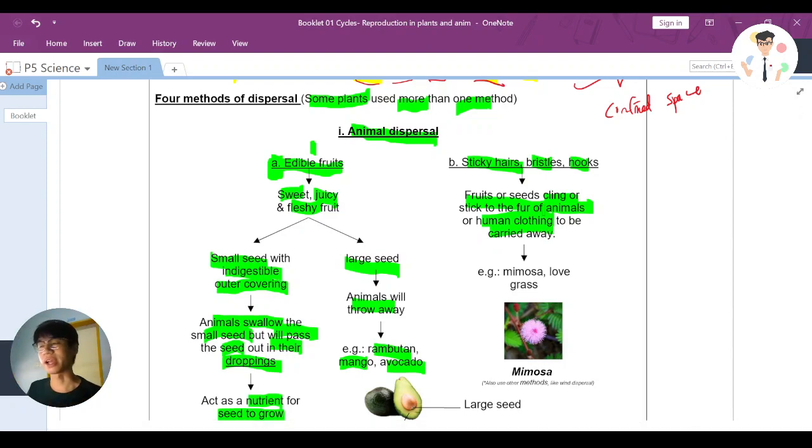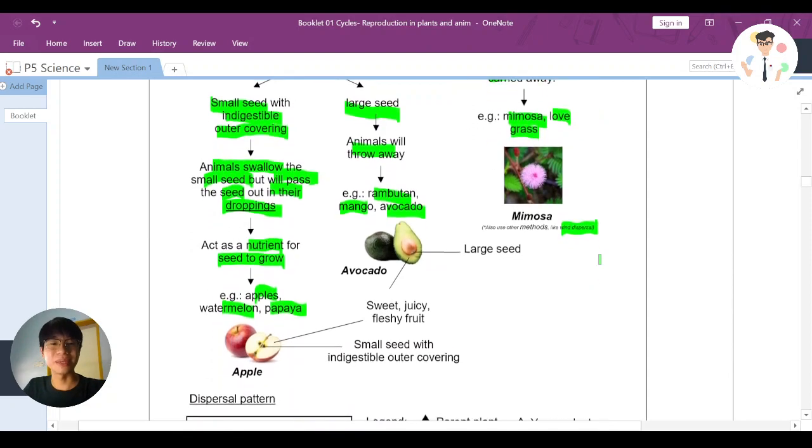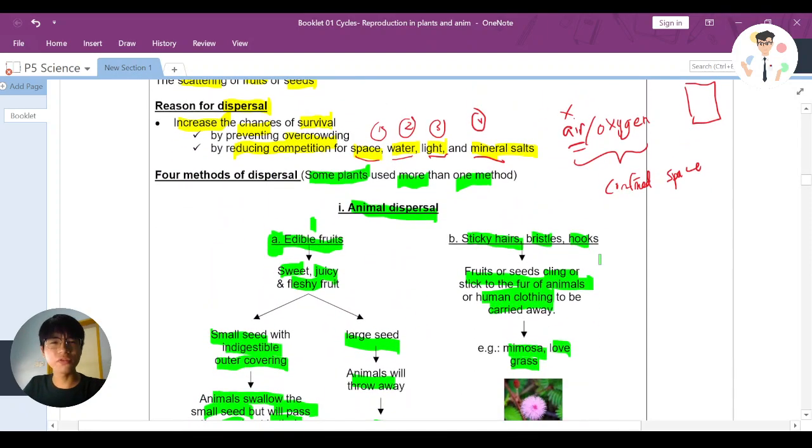Sometimes when you go for exercise in a field, you notice your socks have something clinging on. That is basically the seed or the fruit, but mainly the seed. Some examples are mimosa, as you can see from the diagram, and also love grass. Just to let you know, mimosa actually uses other methods like wind dispersal, which we will learn later on. So these are the methods of dispersal.